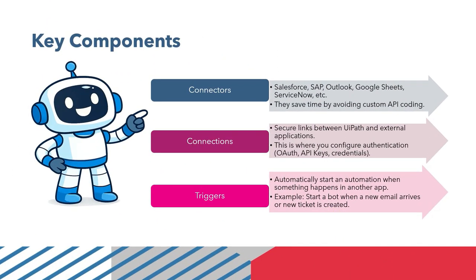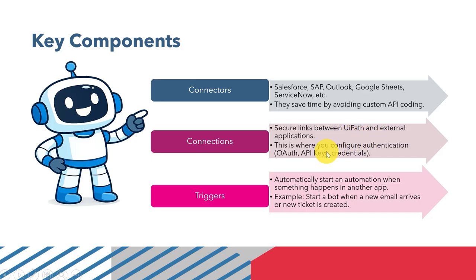Moving on to the key components of integration services. The very first one is connectors, which includes Salesforce, SAP, Outlook, Google Sheets, ServiceNow, and more. They save time by avoiding custom API coding. Then we have connections, which are basically secure links between UiPath and external applications.